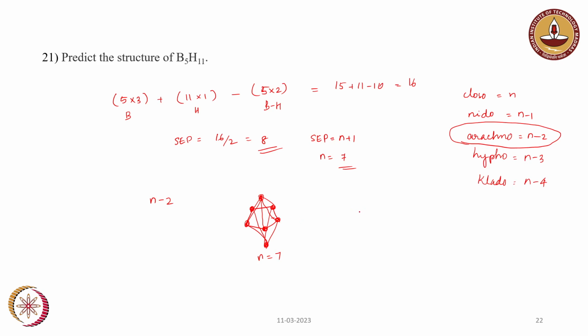But we have arachno, so it will have 2 vertices missing. So only 5 borons are present, n equal to 5, arachno. So these 2 will be missing here.